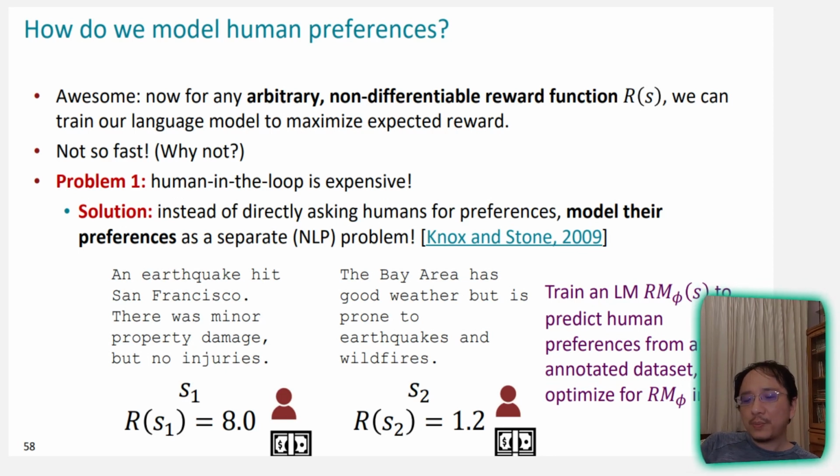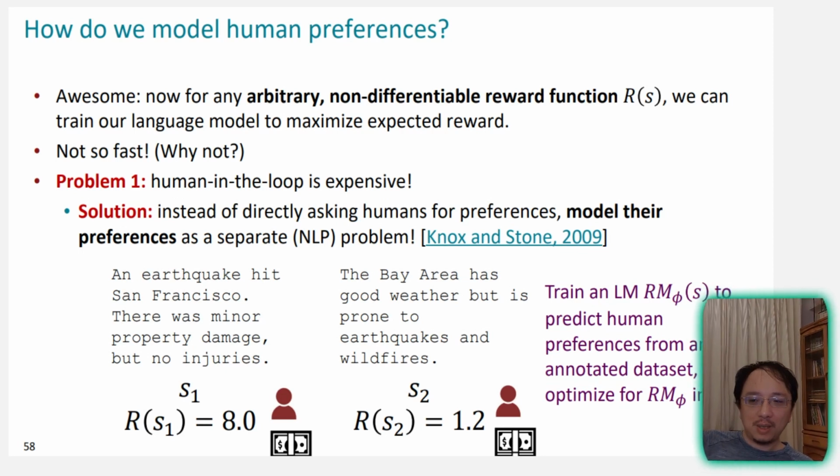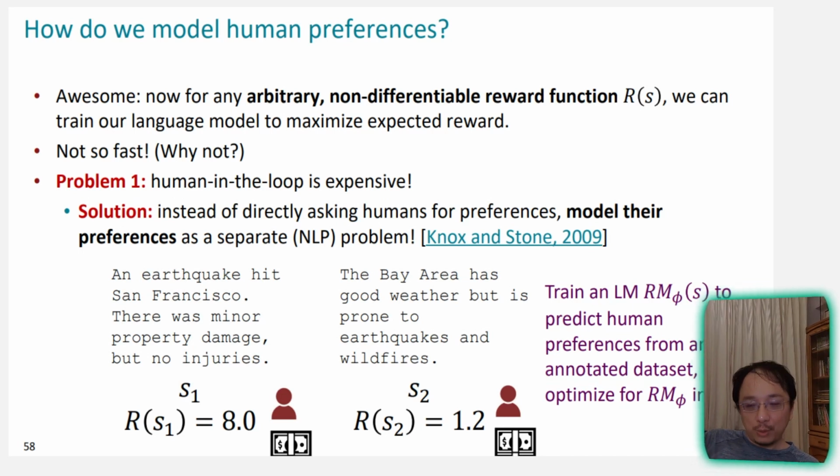So one way to get around this is we train a model that learns how to give rewards like a human. You can imagine that we already collect a lot of data where humans give rewards, and we train the model in a supervised way to give the rewards from the given text.